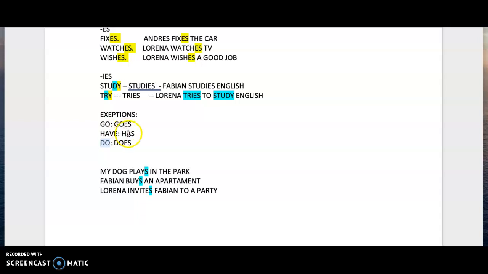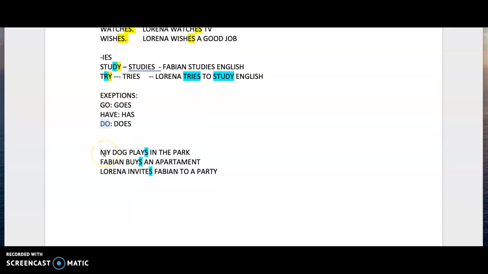Have, has, do, does. Let's practice. For example, my dog plays in the park. Okay? Fabian buys an apartment. Lorena invites Fabián to a party.